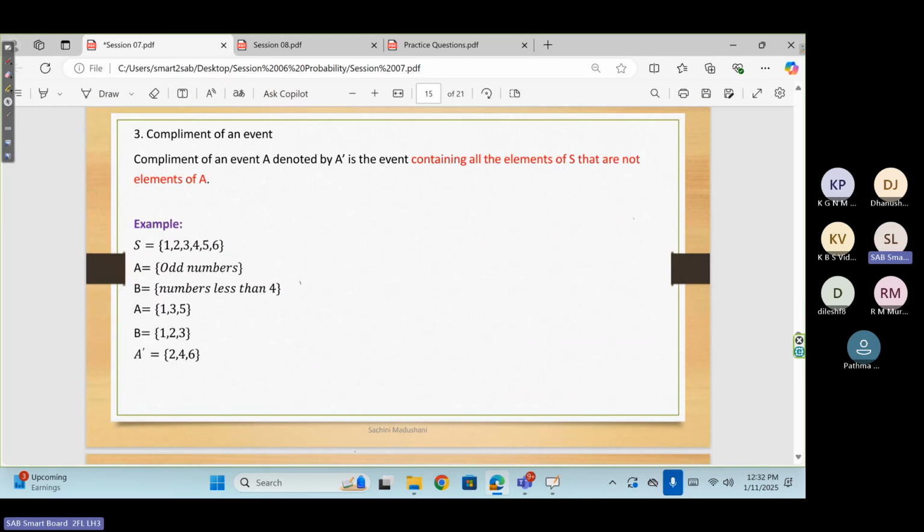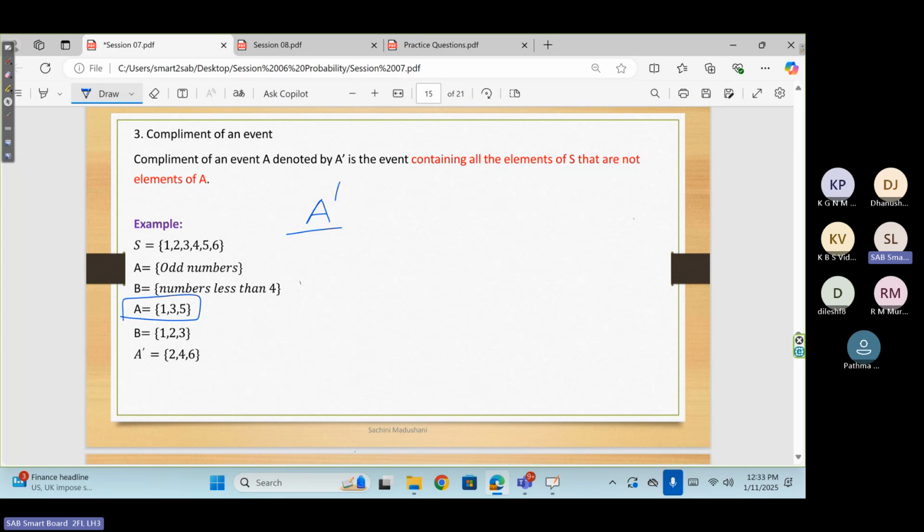Next one is complement. Then we need to find out the complement of A. We write A dash. Here we say A dash, complement of A. It consists of elements in the sample space, but these elements are not included in the event. Here, event A means 1, 3, 5.